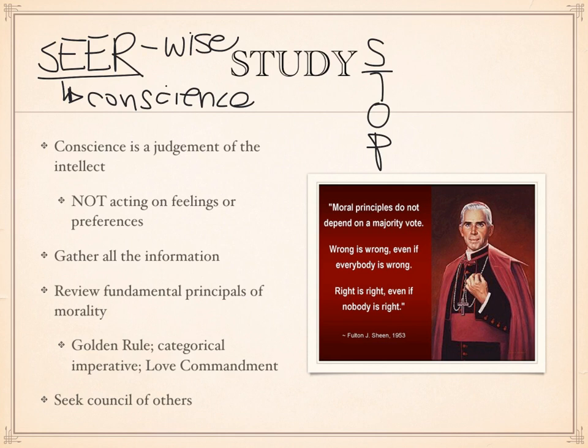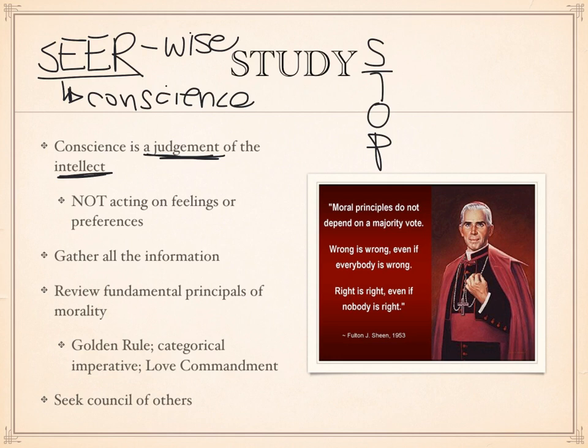So let's go over it now. So we define the conscience as a judgment of the intellect. So again, the conscience isn't merely the capacity to have a sense of right and wrong. That would be synderesis. Rather, conscience employs that sort of innate ability to want to gravitate toward the good and avoid evil, and it uses that to make a judgment using reason about what to do.